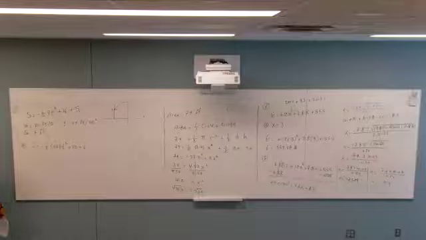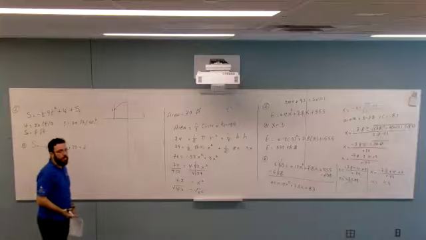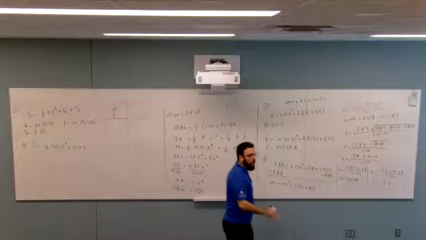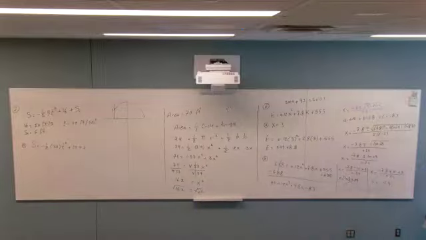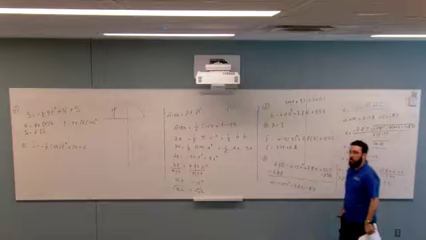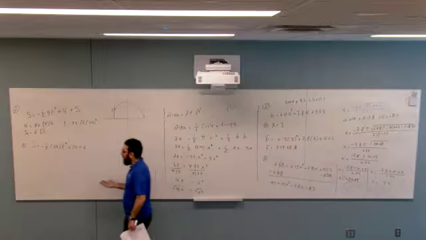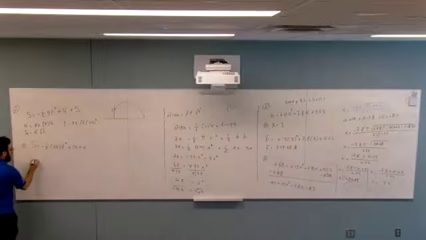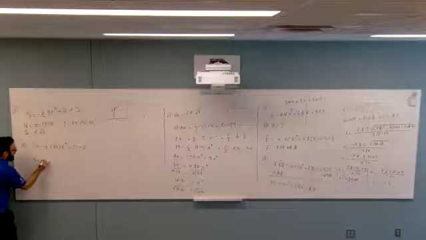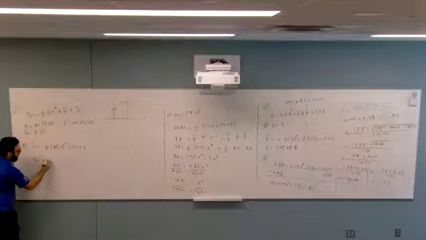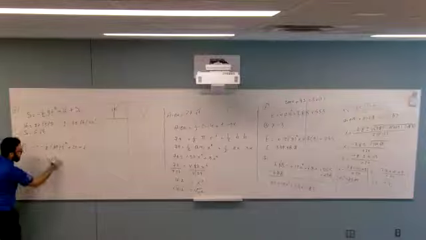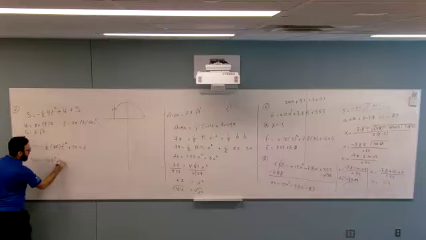They ask you to write down the model. You don't have to solve it. Just write down the model. When you plug in all the numbers, you just have to simplify it. So S is going to be what? Negative, simplify this, 32 divided by 2, 16 t squared plus 20 plus 6.